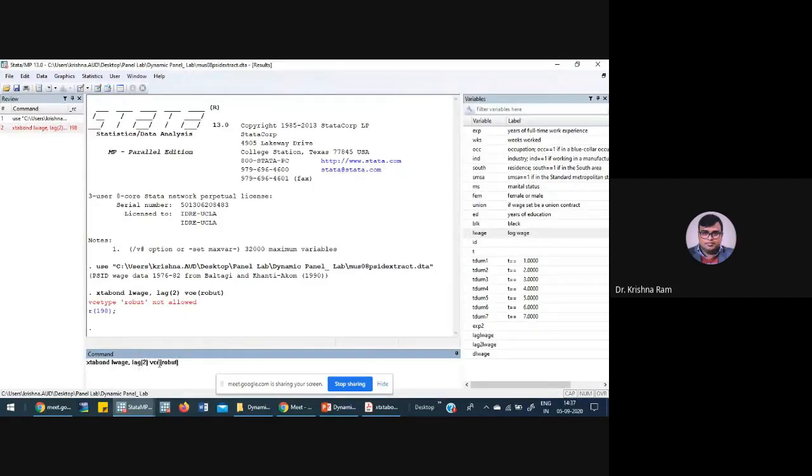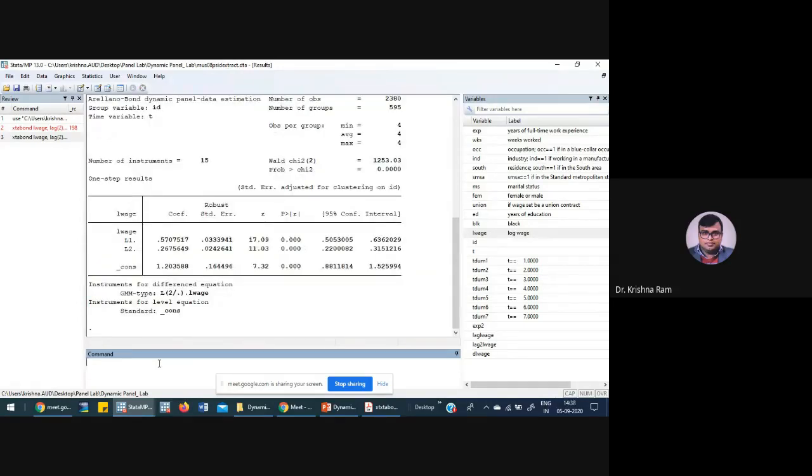This one is the result in the case of the one-step estimate. Last time we had interpreted the regression result, but we had some confusion in interpreting the lag value of log wage coefficients.